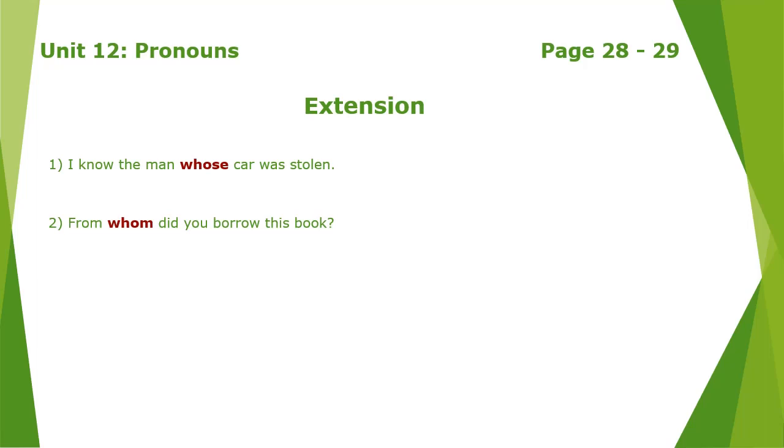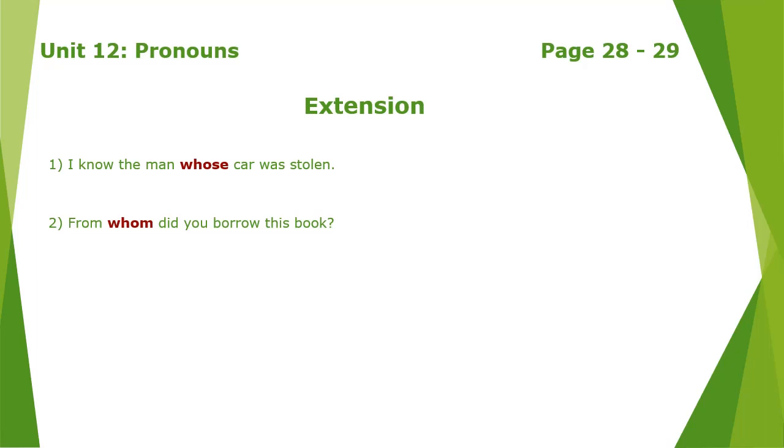It means I am asking about the object. And this is what we said at the beginning of the lesson. We said who is to ask about the subject. Whom is for the object. So here I'm asking about the object. It means I'll use whom. So from whom did you borrow this book? I am asking about a person in the object place.